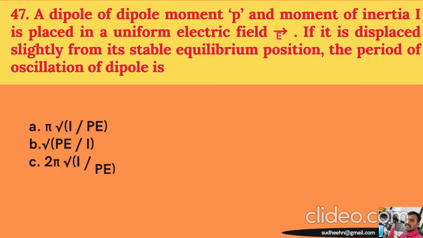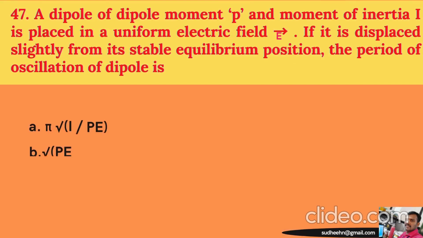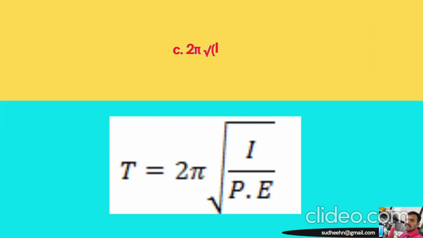Next, question number 47. A dipole of dipole moment P and moment of inertia I is placed in a uniform electric field E. If it is displaced slightly from its stable equilibrium position, the period of oscillation of the dipole is: pi divided by square root of I by PE, or square root of PE by I, or the third option 2 pi into square root of I by PE, or 1 by 2 pi into square root of PE by I. And the right option is option C, that is 2 pi into square root of I by PE.